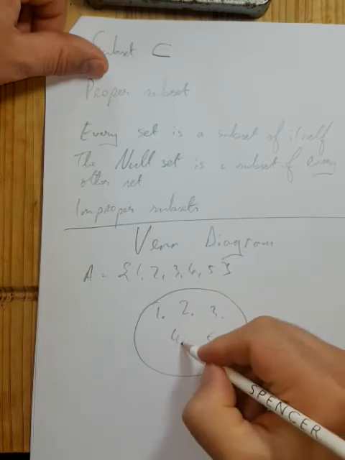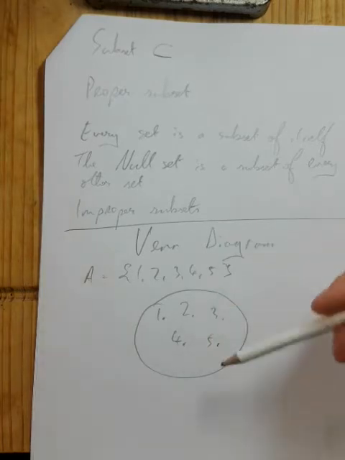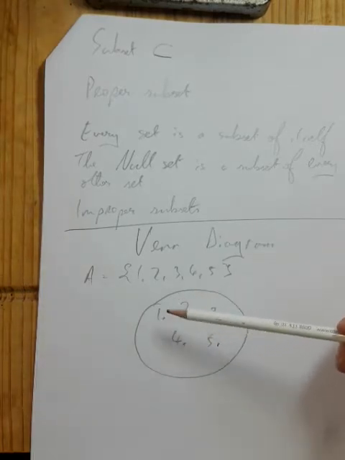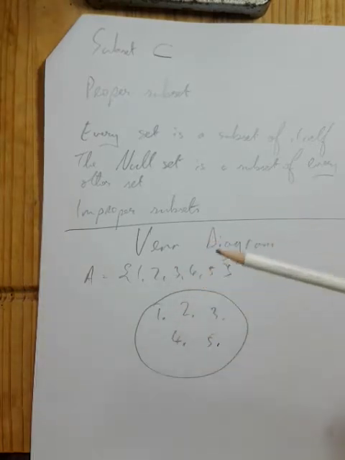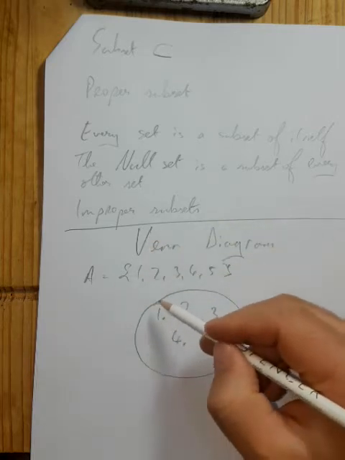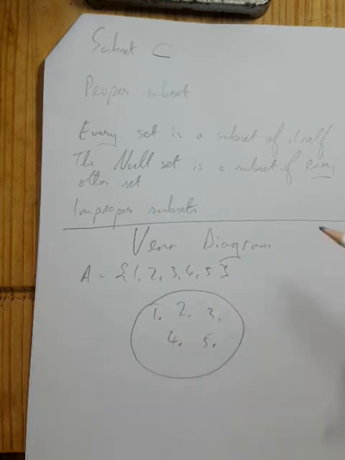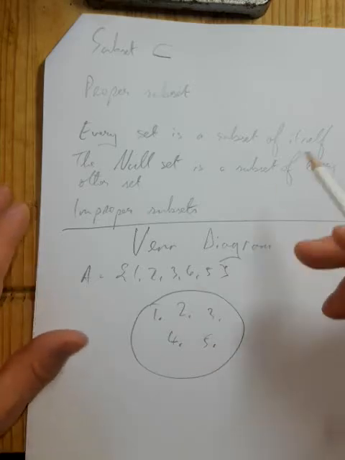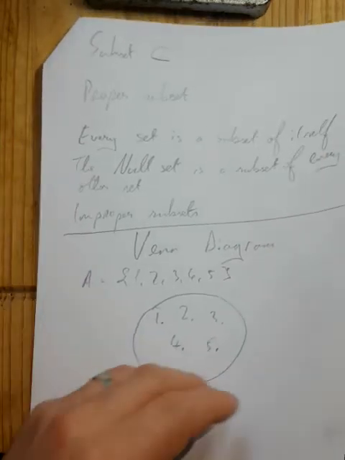Now it's important that we put a little dot beside each of these, because the little dot means that this 1 is the element 1, the number 1, which is an element of my set. If I had a number without a dot, then we'd have what's called a cardinal number, which isn't saying this number is an element, but it's saying this is the number of elements in my set. And we'll get onto that again in another example in a minute.